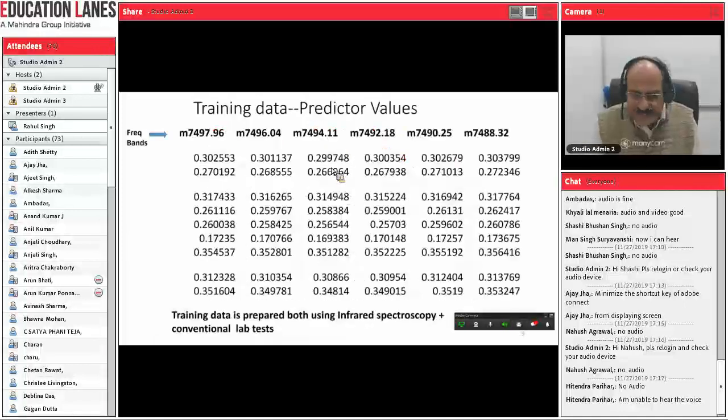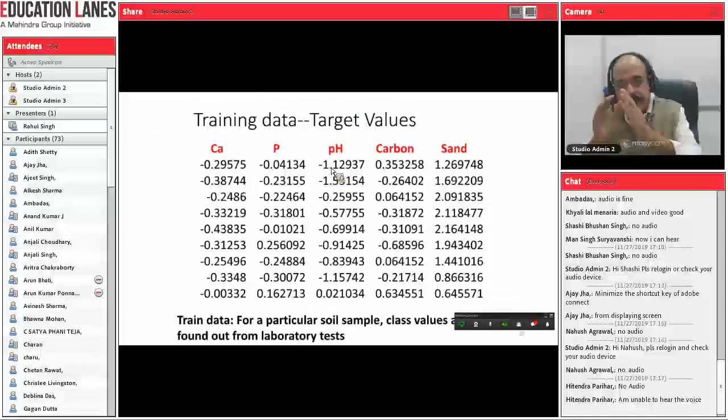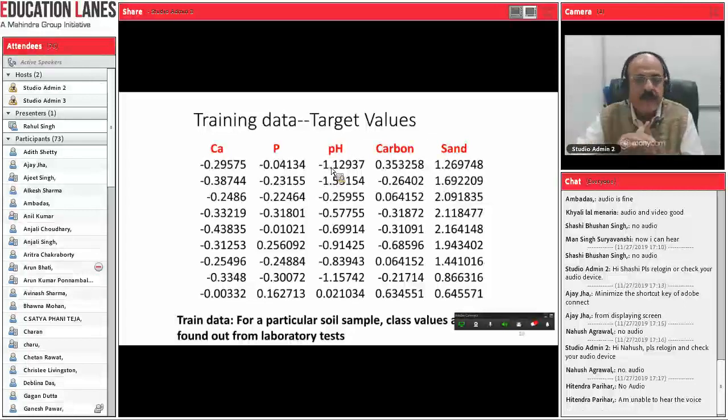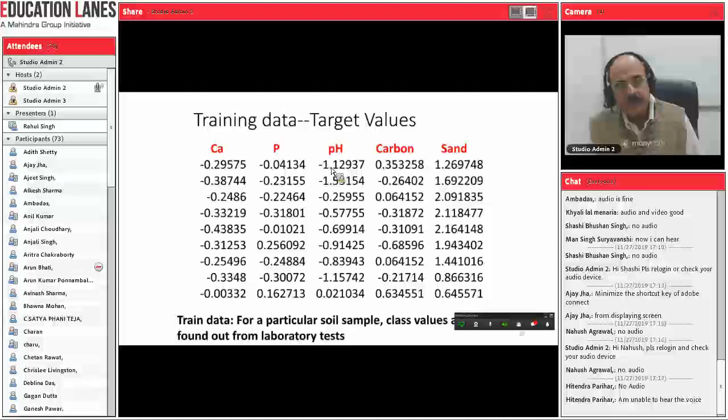Given this example data and these targets, I feed the data into my computer algorithm, and the algorithm tries to find patterns: for this absorption strength across frequency bands, the likely calcium content would be this much, phosphorus content this much, carbon content this much, and so on.